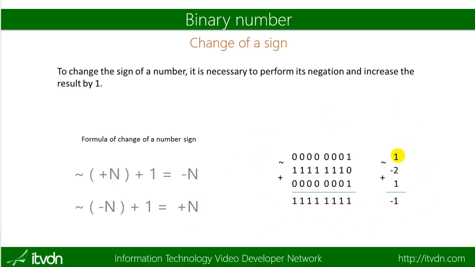Let's say we have 1 in the decimal number, okay? Well, in the binary format, 1 is 00000001, something like this. And what you have to do is change the sign, you have to do the negation.